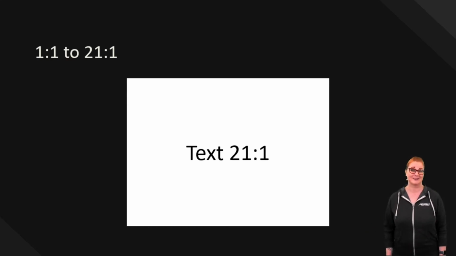And this difference is expressed as a relationship from 1 to 1, which would be white text on a white background, or completely useless. And the other part of the scale is 21 to 1, which would be the equivalent of black text on a white background.